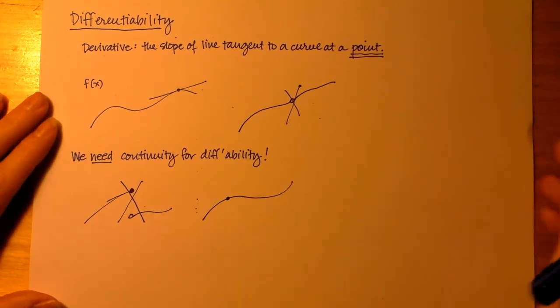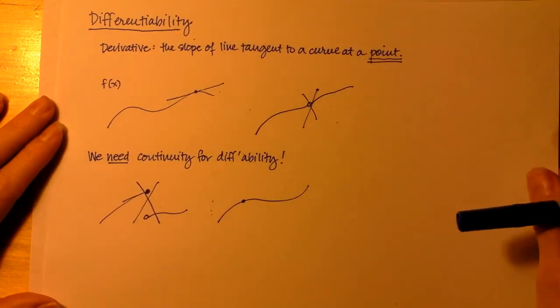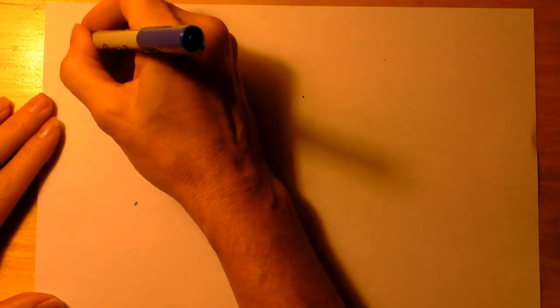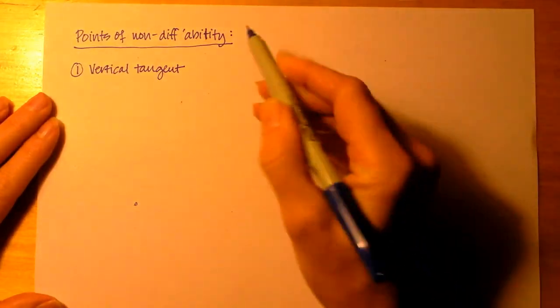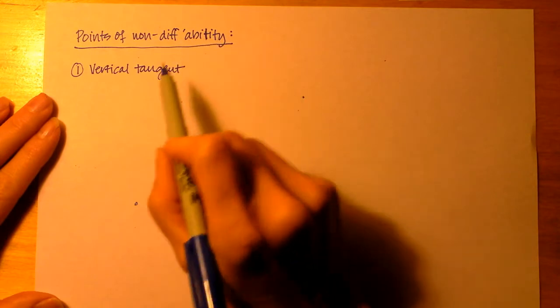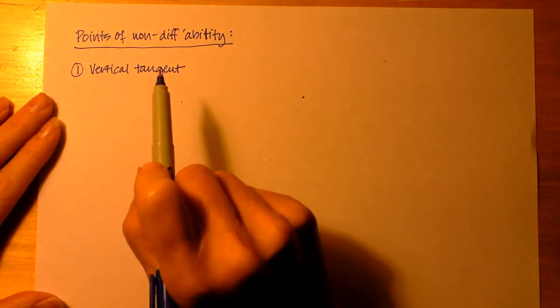Is that all you have to have for differentiability? Well, almost. There's two little things that we have to look out for. Points of non-differentiability, a vertical tangent. This does not happen too often.